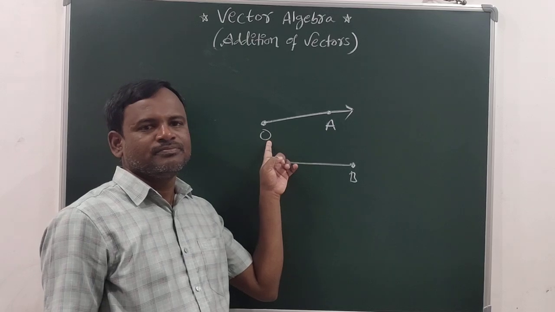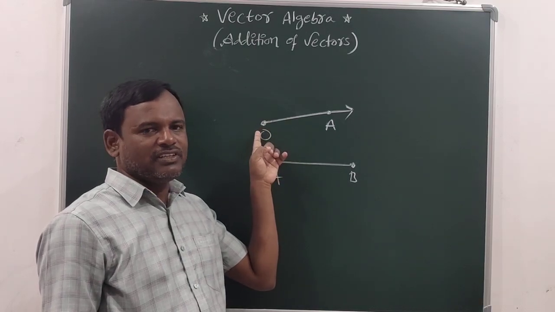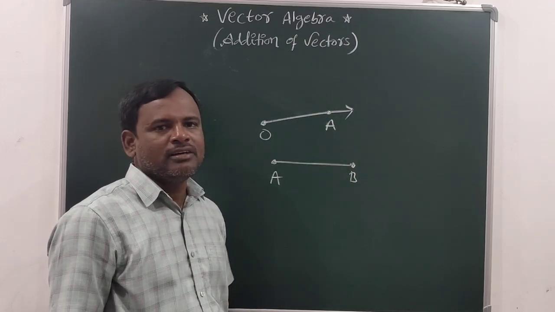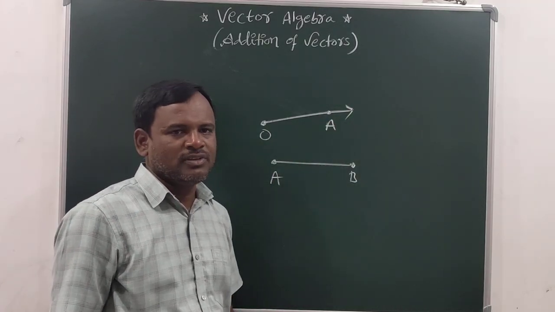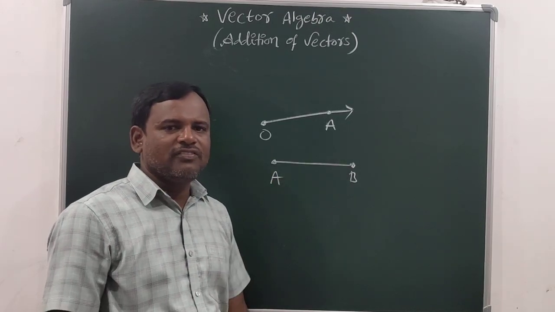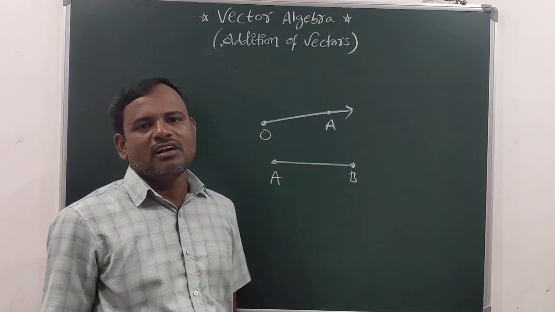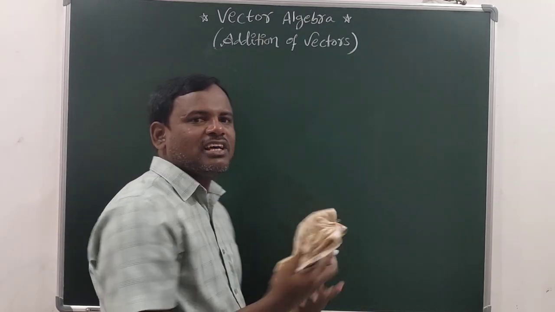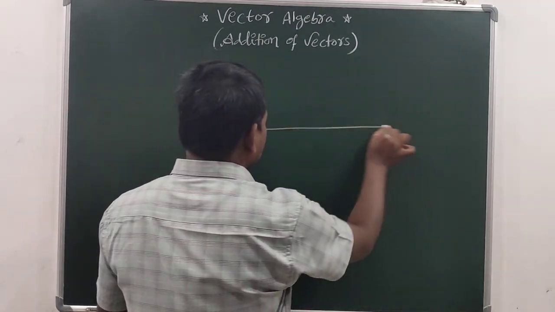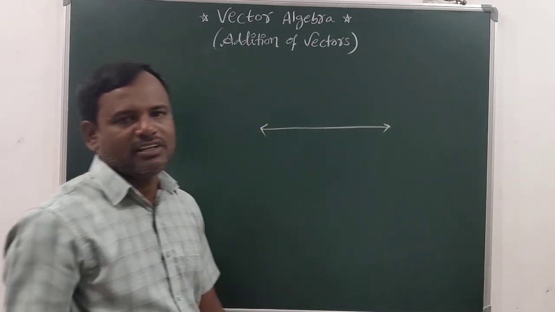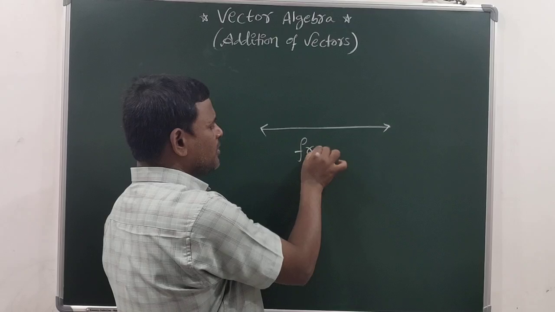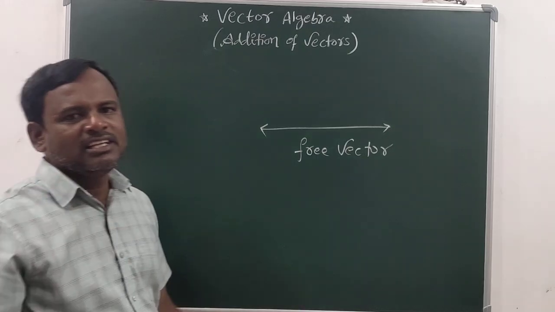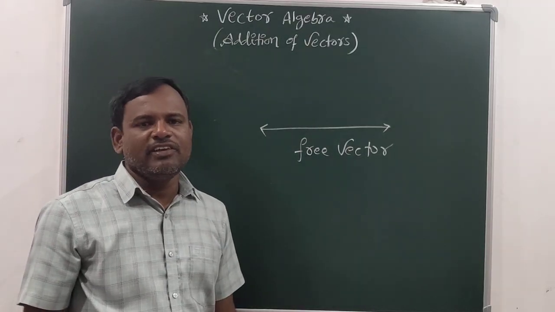Observe this. One of its ends is fixed at O and the other end is continuous. We kept this arrow-headed mark, which means it is continuous. Here two of its ends are fixed. So this kind of vectors are called localized vectors. If both ends are endless, then such vectors are known as free vectors. What do we have to call them? Free vector. If both ends are endless, then such a vector is known as a free vector.